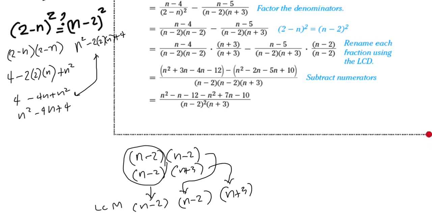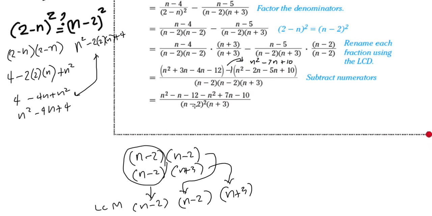Now look closely. The negative 1 has been distributed. So that's the reason why it becomes n squared plus 7n minus 10. Because remember, if I simplify this, this is n squared minus 7n plus 10. And if I distribute the negative sign, this becomes negative n squared plus 7n minus 10.